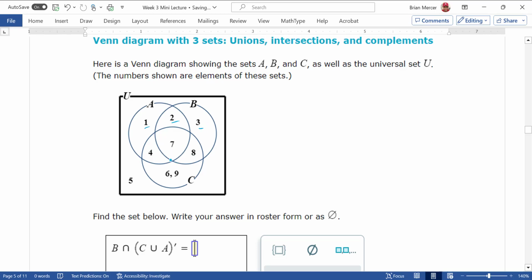These are individual elements within sets, as in this case 6 and 9, two elements listed in that section of set C. And this particular one is the intersection of set B with the complement of the union of C and A.